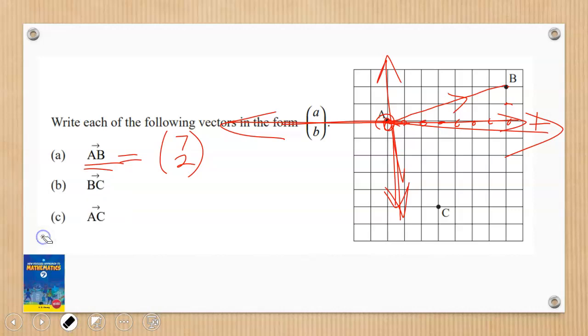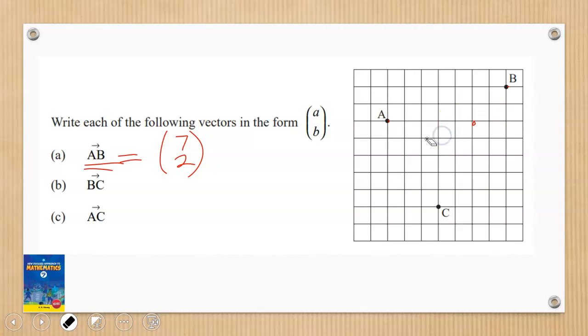Now, let's see the next one. We want to do it for vector BC. BC means I'm at B and I'm heading towards C. The direction is like this, BC. And how do I get to BC? I can't move forward, because when I move forward, I'll be away from that. It means I have to move backwards, and it's always the x-axis first.